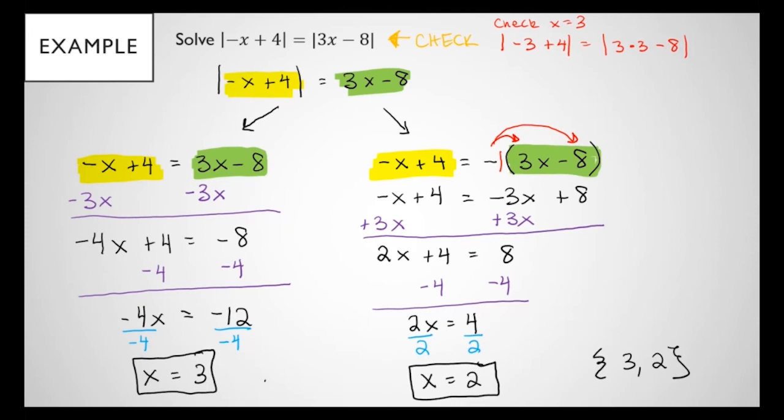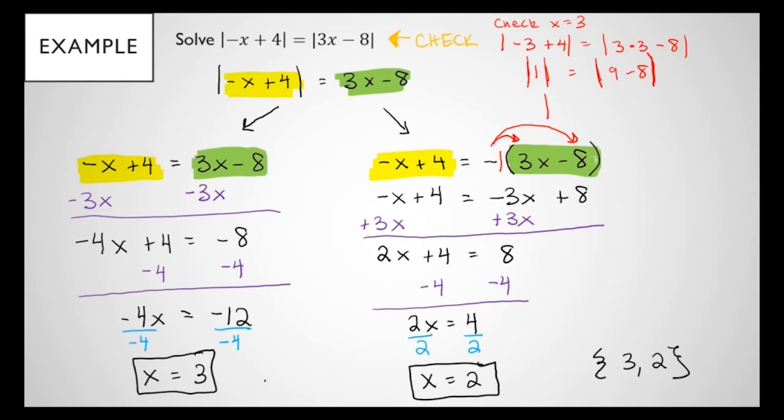So I need to simplify the left. -3 plus 4 is 1, so that's absolute value of 1. And then on the right, 3 times 3 is 9, so we get an absolute value of 9 minus 8. I'm trying to smush my ones and my absolute values are looking very similar, so you can see this is why I try to make them look taller.